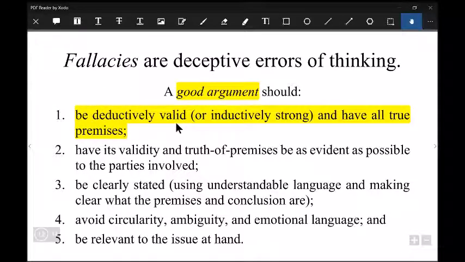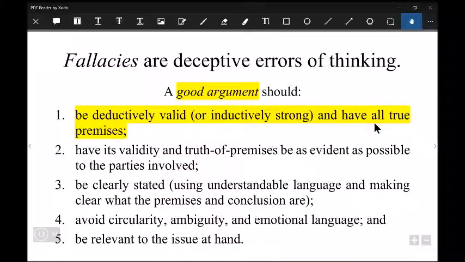Does the conclusion follow from the premises, or is it inductively strong? We didn't do much on inductive reasoning. There's a whole chapter. An example of that would be, most A's are B's, this is an A, therefore it's a B, probably. It's about probability. But it's got to be deductively or inductively strong. That's a good connection between premises and conclusion.